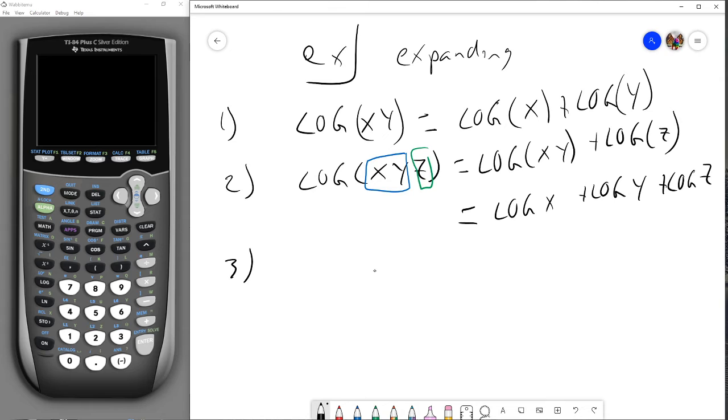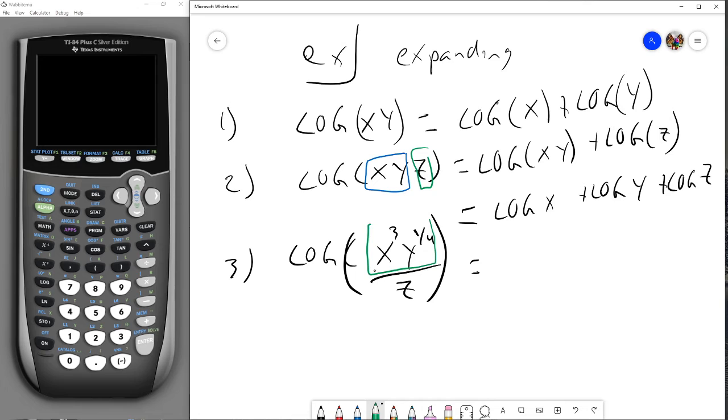Another example will be something, let's make it spicy. Log of x cubed y to the 1/4 over z. So here's a more interesting problem. The way you want to think about this one is you have a quantity divided by a quantity. So here I notice we have a fraction, so I'm going to consider everything in the green box as numerator.